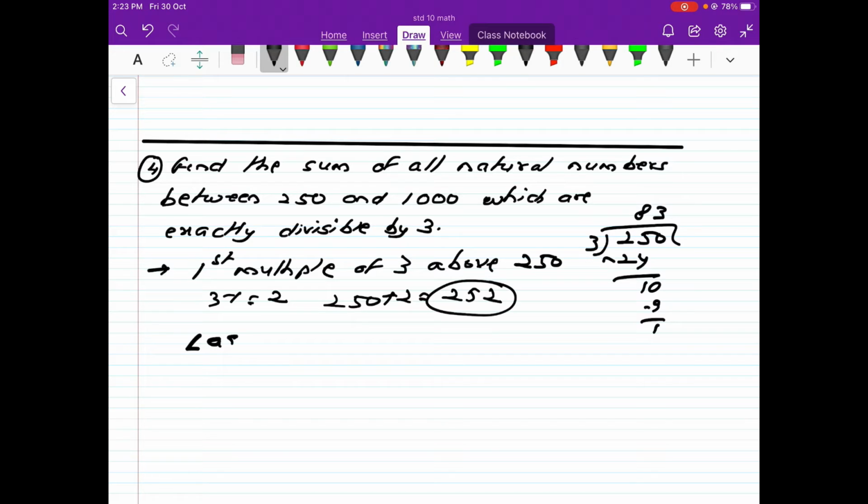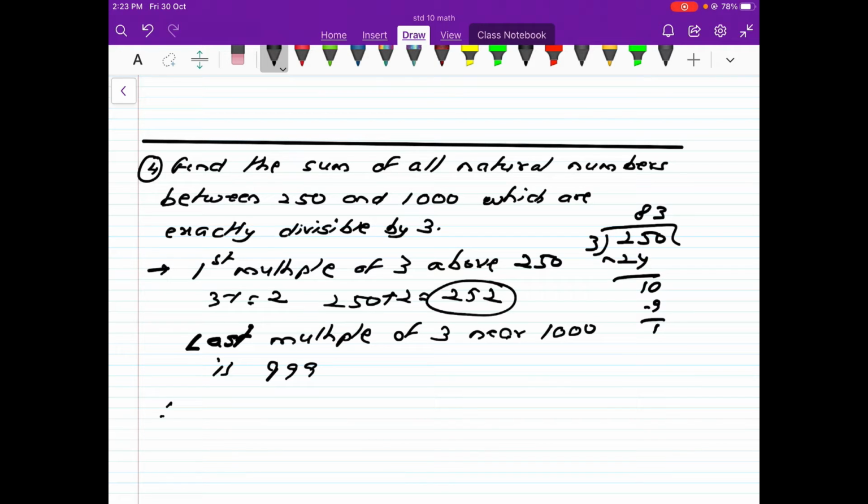And what about the last multiple? The last multiple of 3 near 1000 is 999.